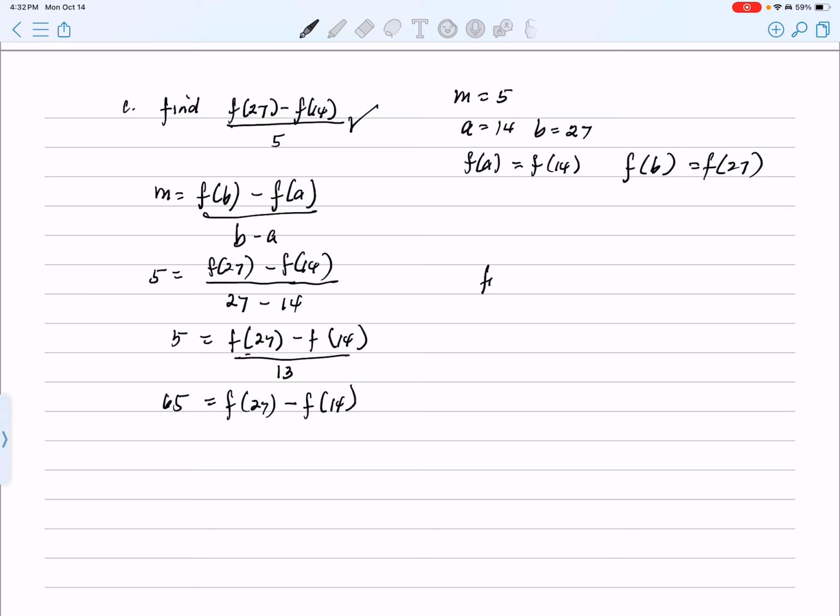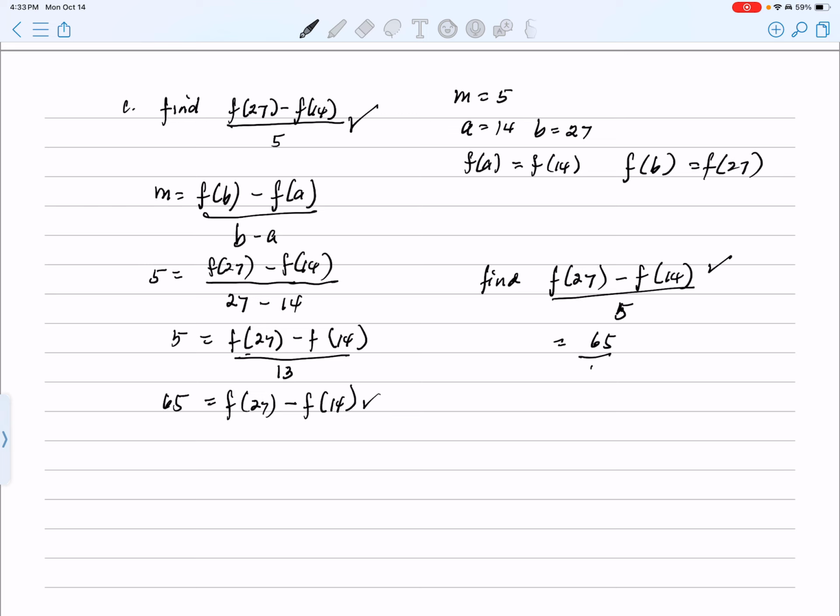We know the value of f of 27 minus f of 14, and that is equal to 65, right?